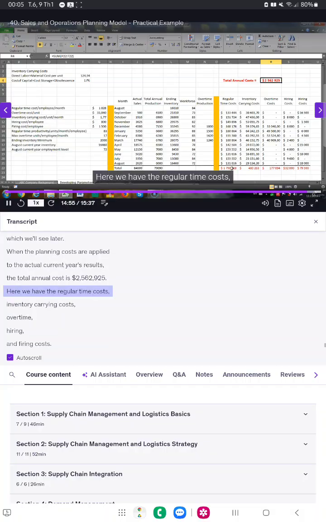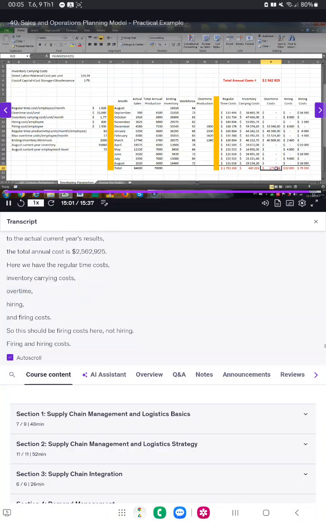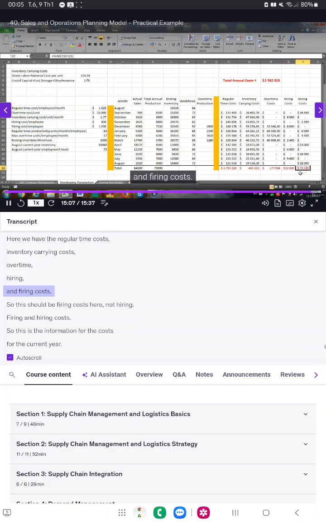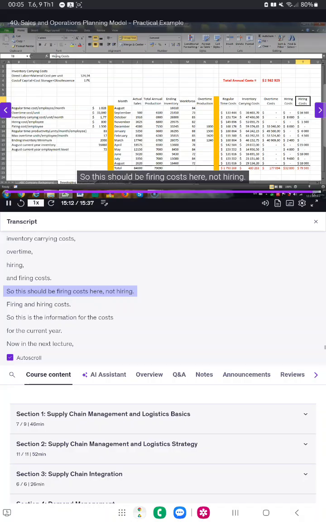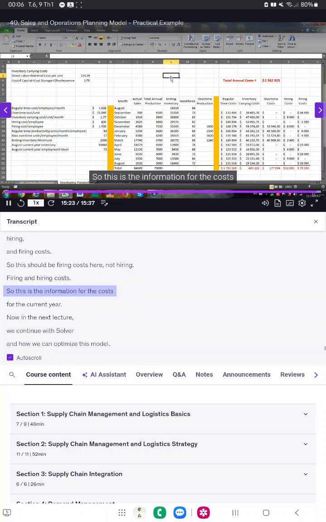Here we have the regular time costs, inventory carrying costs, overtime, hiring, and firing costs. So this should be firing costs here, not hiring. Firing and hiring costs. So this is the information for the cost for the current year. Now, in the next lecture, we continue with Solver and how we can optimize this model.